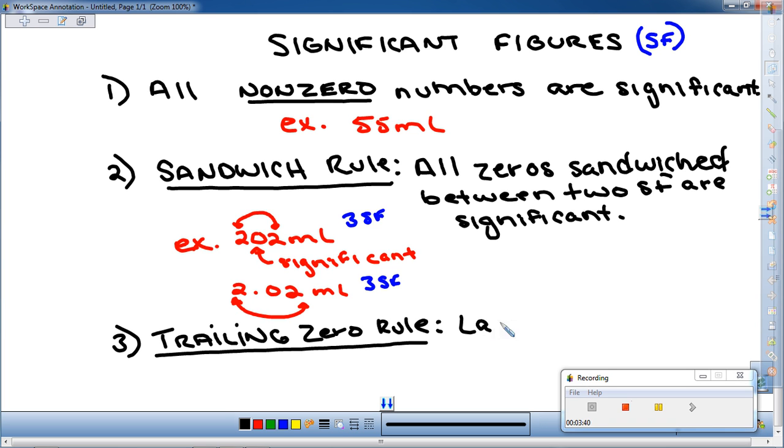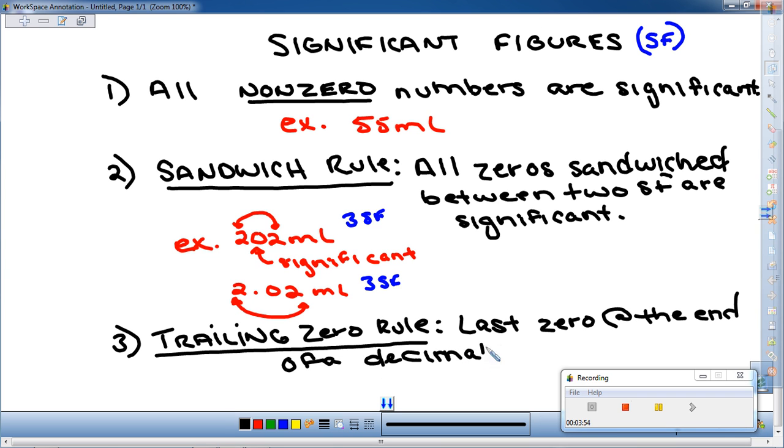Again, the last zero at the end of a decimal is significant.